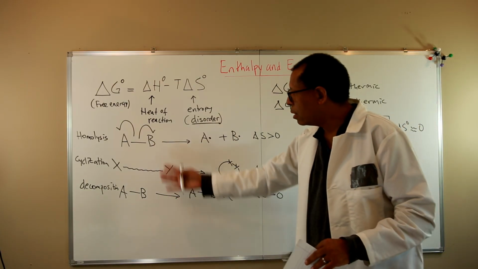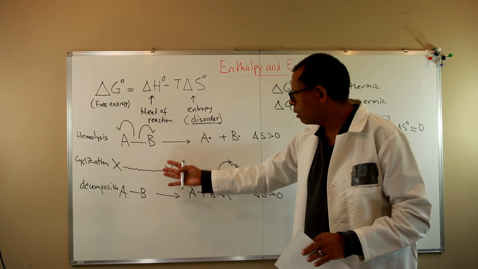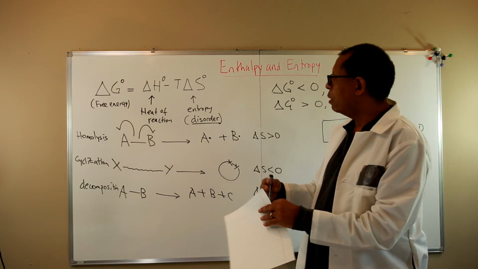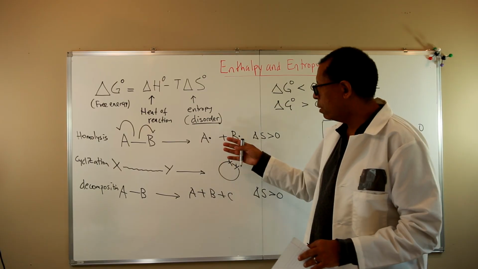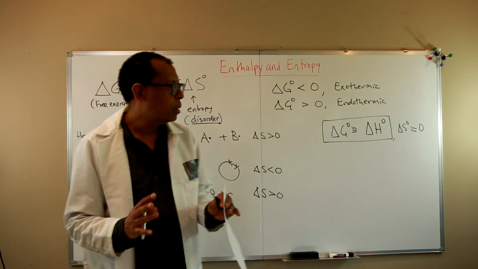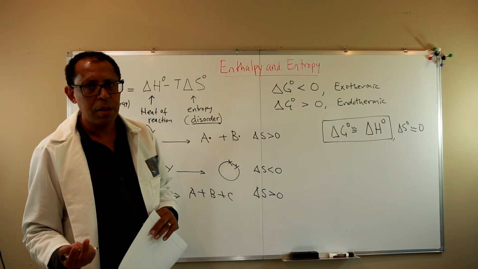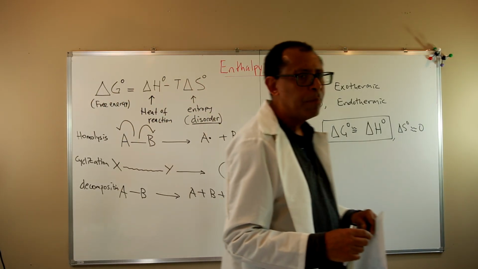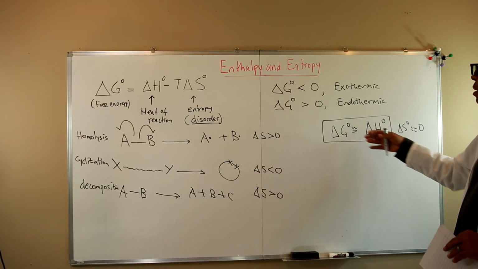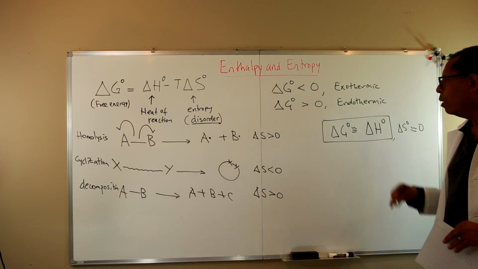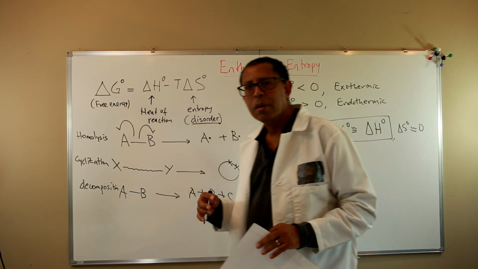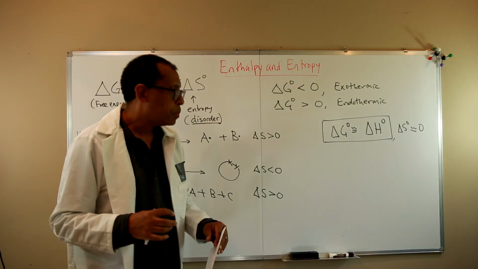So it depends. These are like extreme cases of producing more disorder or reducing disorder. But there are some reactions where the differences are very subtle. In that case, the entropy change is not that significant. Therefore, I can just assume delta G is the same as delta H, because the entropy contribution might be close to 0.